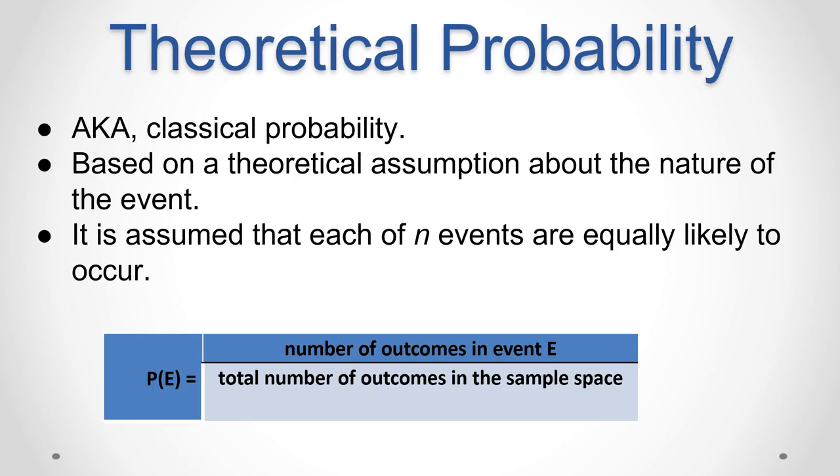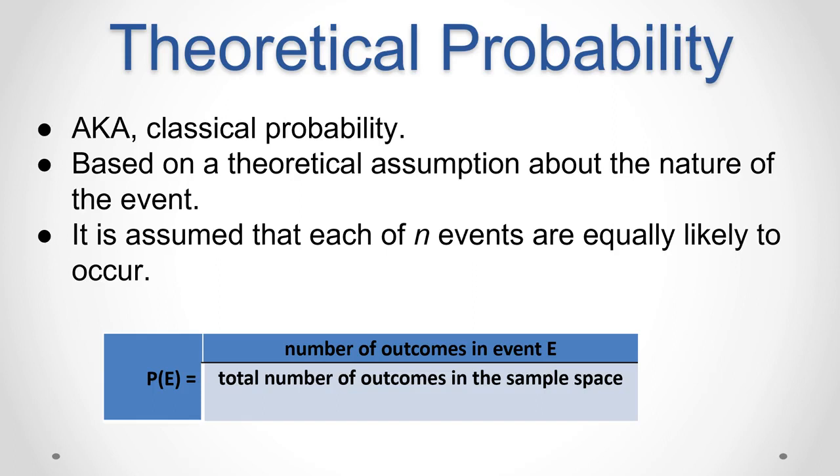The classical or theoretical method of calculating probabilities does not require you to conduct an actual experiment. Theoretical probability is when you estimate a probability without testing it. It is based on an ideal situation. Theoretical probability is used if we list all possible outcomes of an event and if each outcome is equally likely.